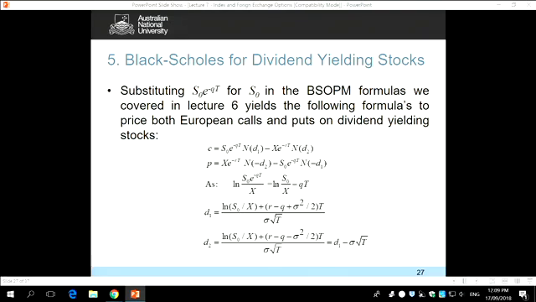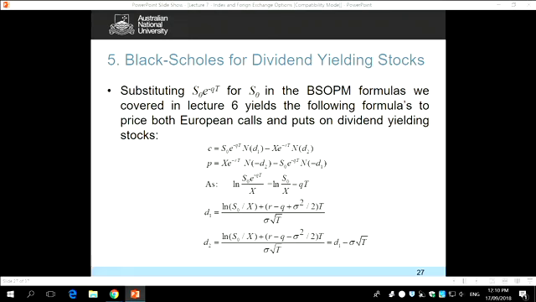What makes it a little bit easier for you, and you can do it with the D1 and D2 if you want, you can take the formula you'll have in your exam for D1 and just replace the S0 by saying S0 times e to the power of negative qt divided by x. You can do that and use the formula as given, but because taking the natural log of S0 times e to negative qt means, remember your log rules, the negative q times t comes down the front, well, what you can do is you can actually just move the negative q into the formula on the right-hand side.